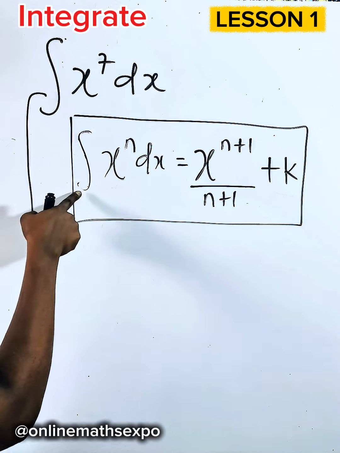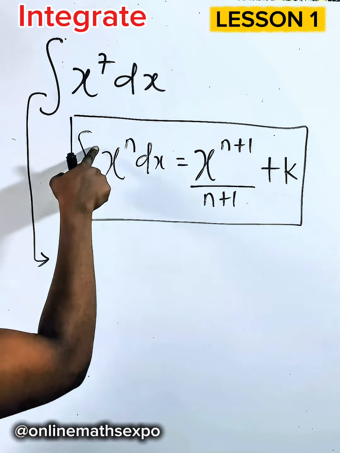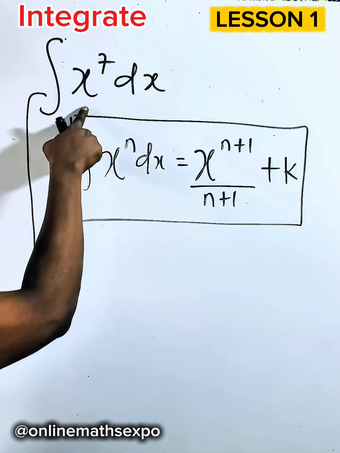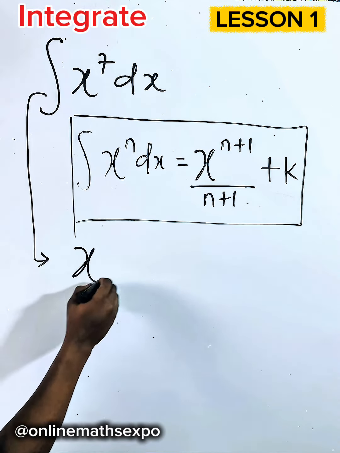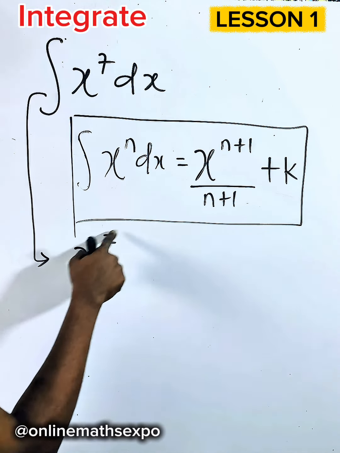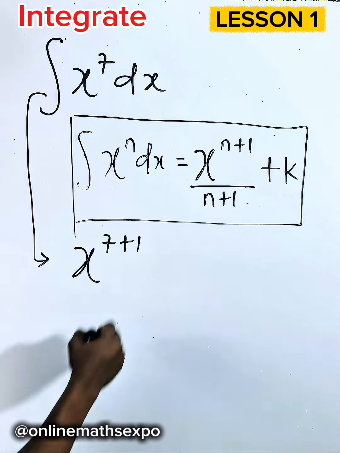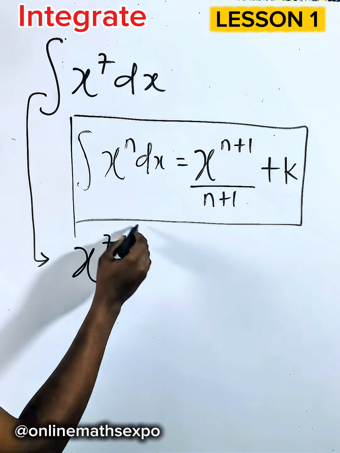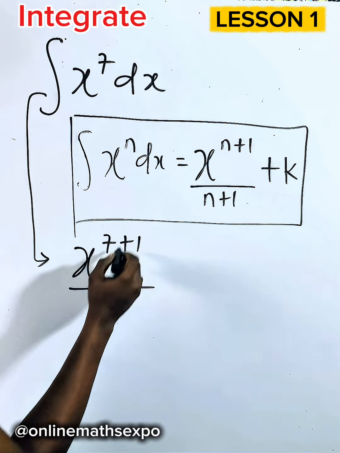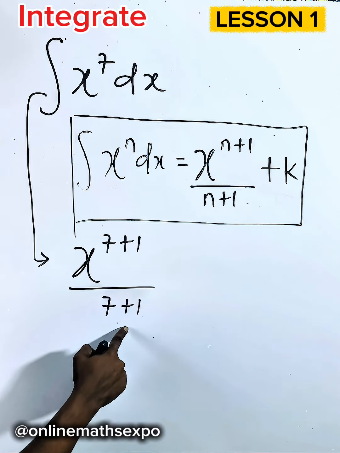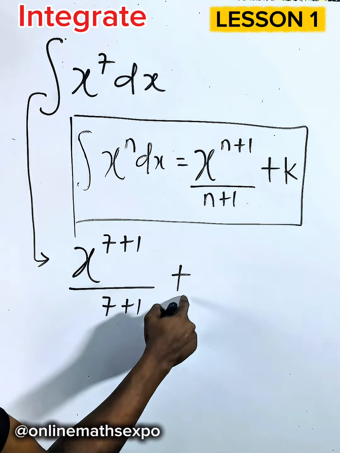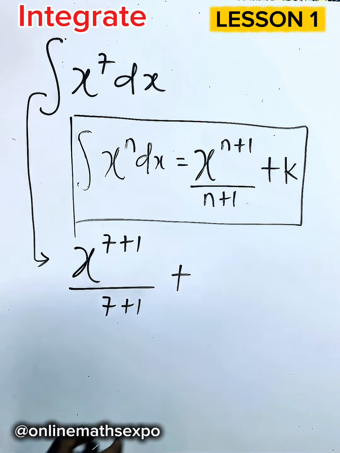Remember when you start integrating, you remove the integral sign. So you are going to have x to the 7th power, increase the power by 1. So you add 1 to the power and then use that power to divide. So this is going to give us 7 add 1. Then introduce a constant k because it's an indefinite integral.